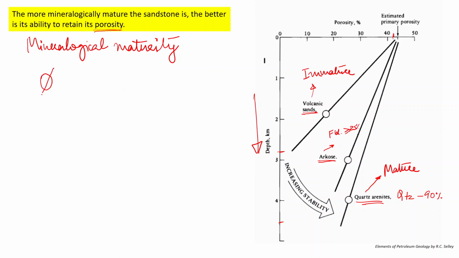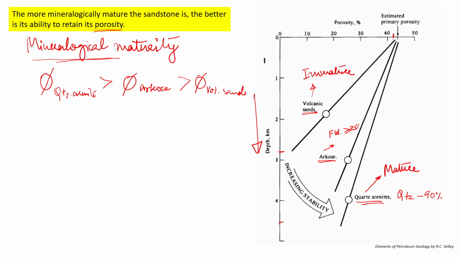So the porosity of quartz arenite definitely will be more than the porosity of arkose, and it will be more than the porosity of volcanic sands, just because of this feature, the mineralogical maturity.